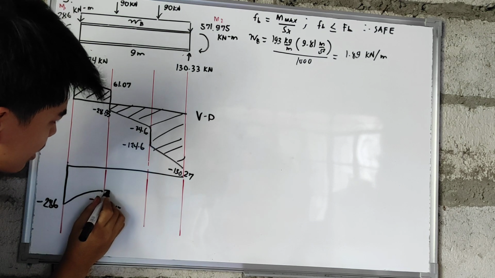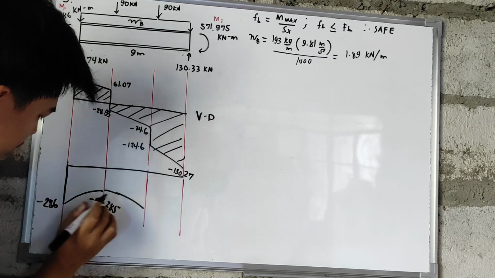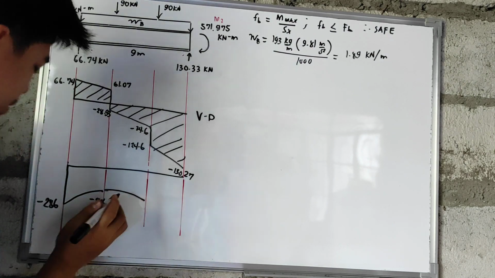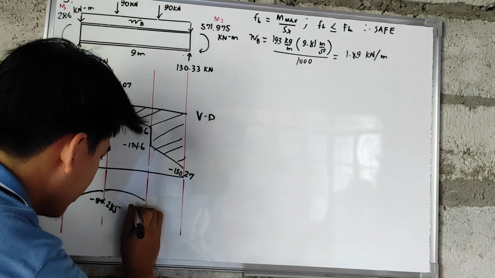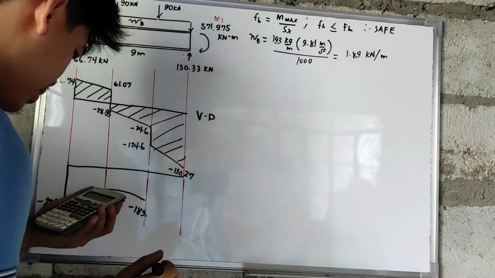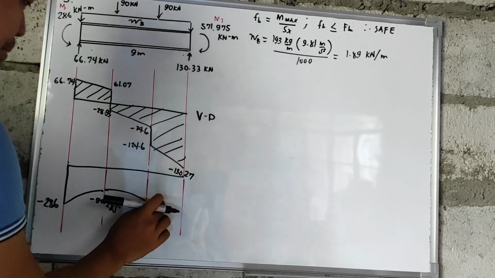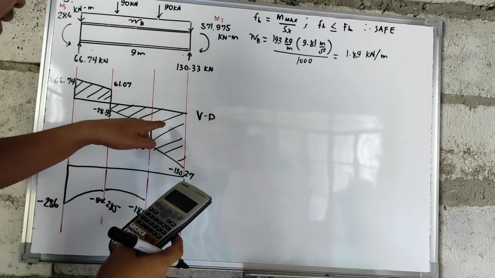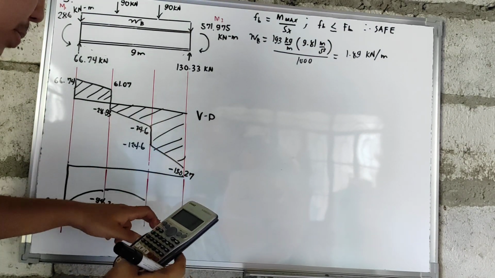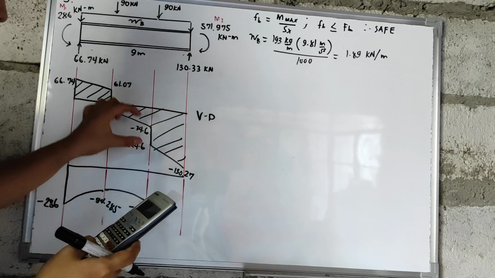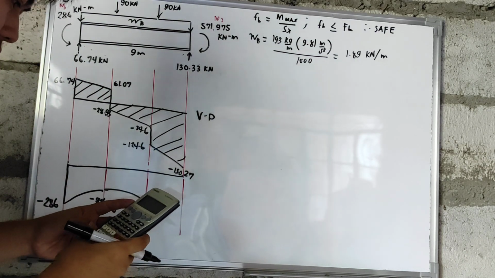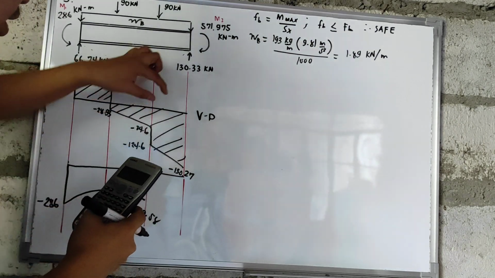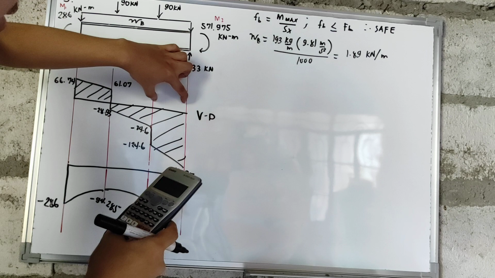So, mangyayari niya is magiging negative 189.58. Tapos, meron pa tayo dito. So, that will become, since it is negative, minus pa rin natin yung value natin, ito, 124.6 plus itong 130.27 all over 2, multiplied by yung height niya, which is equal to 3.